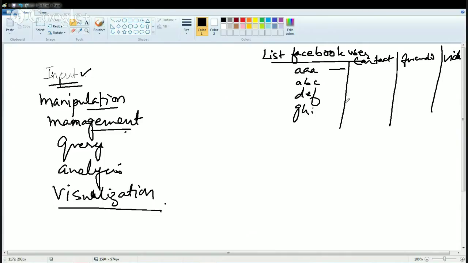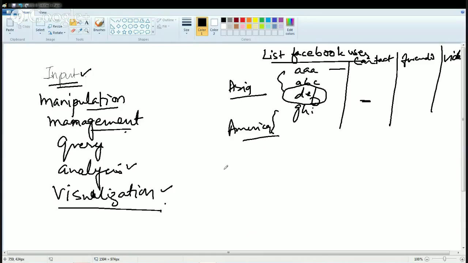Then I should be able to query from this data. For example, if I want to see how many contacts there are for the user DEF, I should be able to query that out. Based on the list of users, their contacts, friends, and number of videos, I can do an analysis. For example, users from Asia are using Facebook much more than users from America. So that's a kind of analysis I can do.